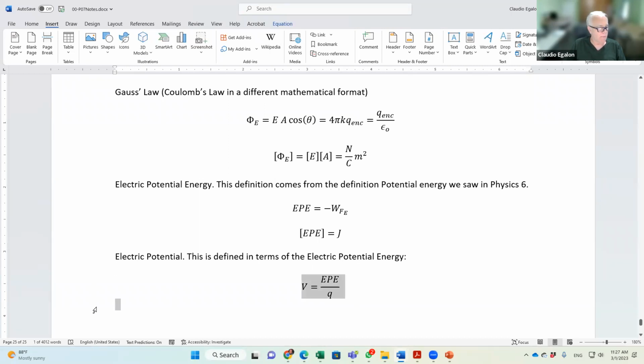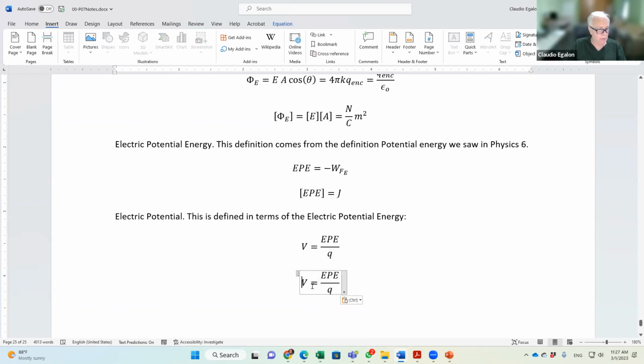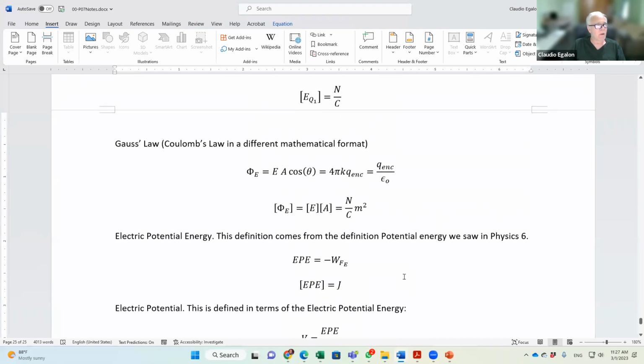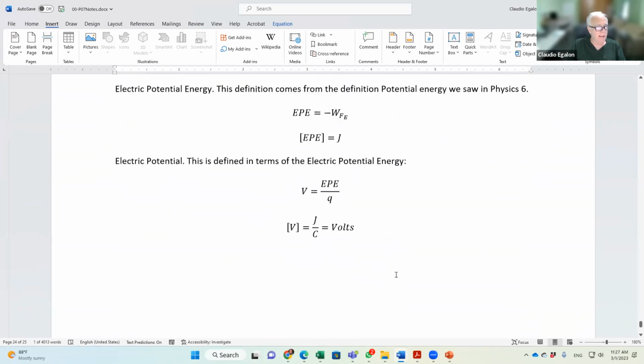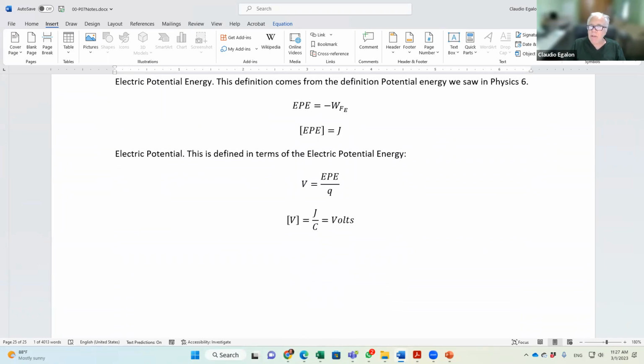And for the voltage, it is going to be joules per coulomb, which, by the way, we call volts. You see that so frequently that we call that volts. We do not have any specific unit for that.